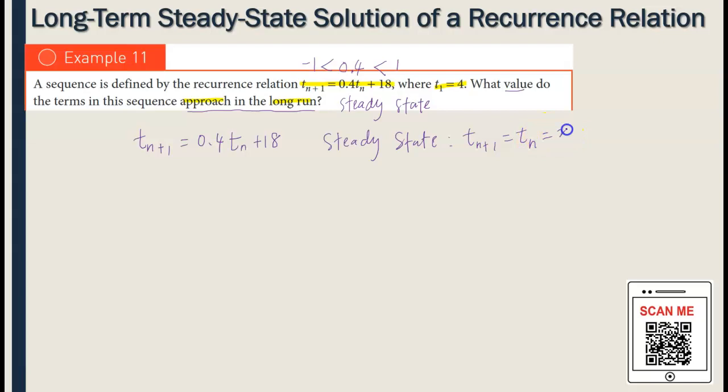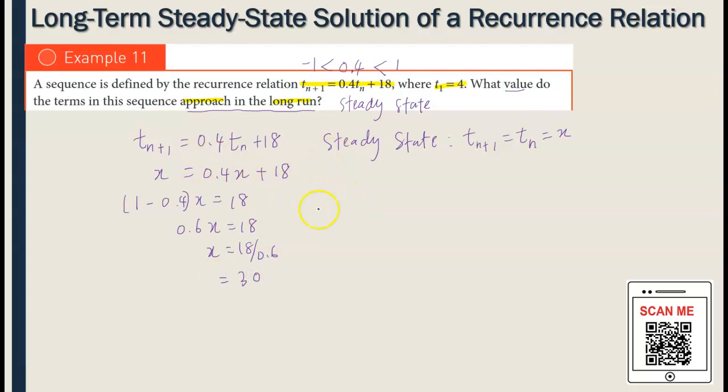That means you can have a constant value, which I represent with x. Then I can put x here: x equals 0.4x plus 18. So you have 1 minus 0.4, this whole thing times x, equals 18. You have 0.6x equals 18. x equals 18 divided by 0.6. You end up with 30.